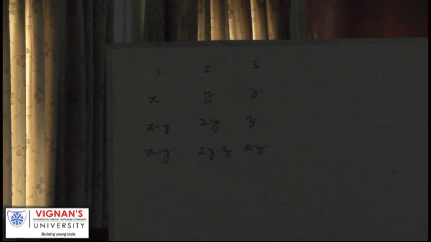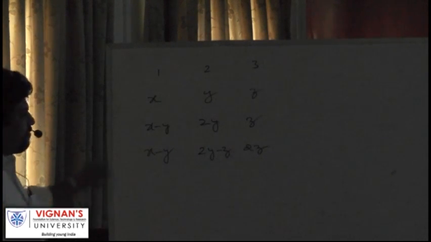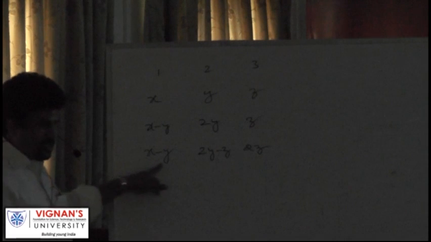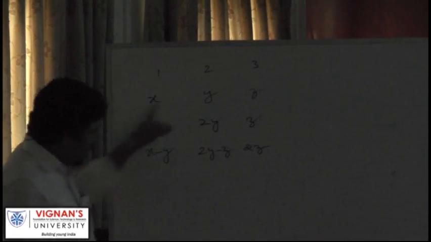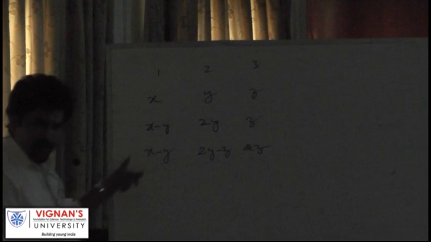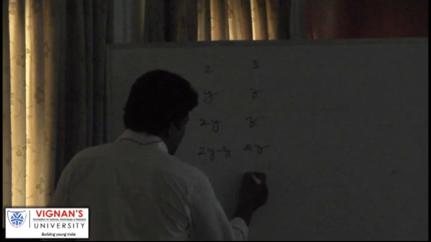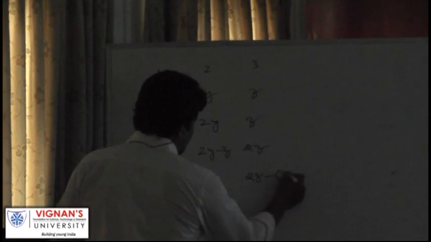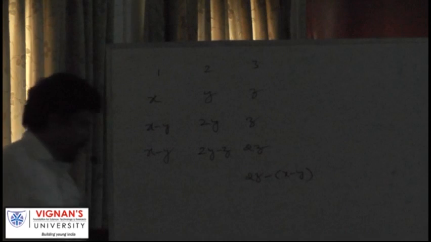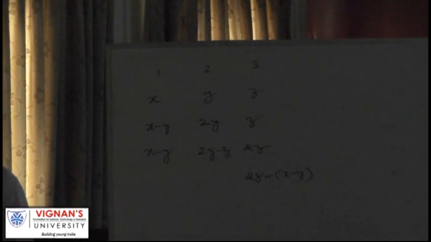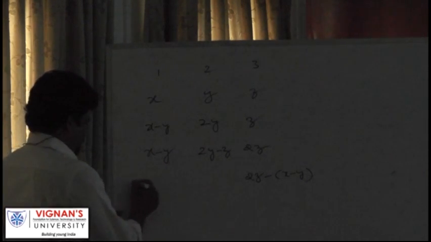The third heap. Now what is the third operation? As many marbles as there are left in the first. How many are left in the first? x minus y. That many are taken from the third, added to the first. It means we have to take x minus y from the third heap and add it to the first heap. It means we are doubling the first.